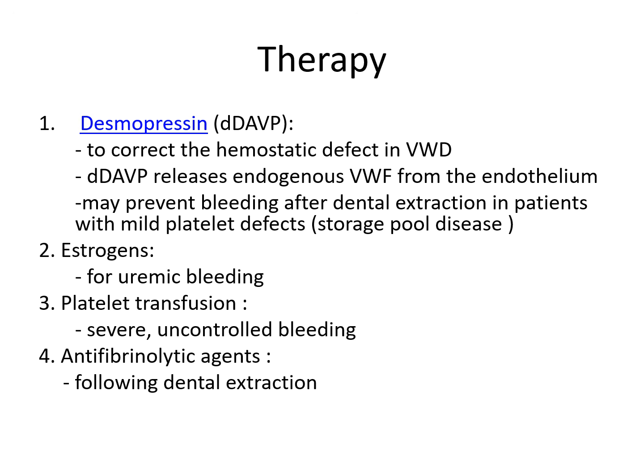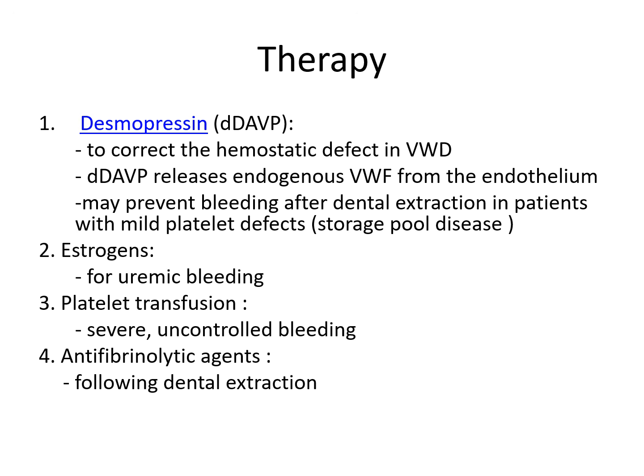Again, to refresh your memories, von Willebrand factor is present in the subendothelium and within the platelets, and it is also circulating in the blood bound to factor 8. So we have several sites for the von Willebrand factor. So in von Willebrand disease, which is characterized by deficiency of von Willebrand factor, the use of DDAVP helps liberation of endogenous von Willebrand factor from the endothelium.